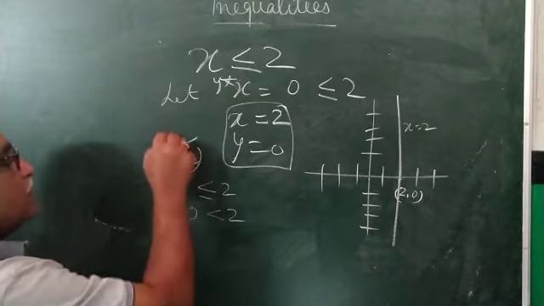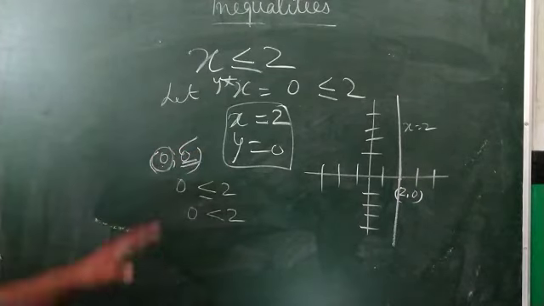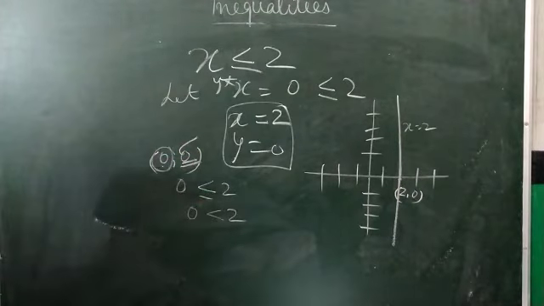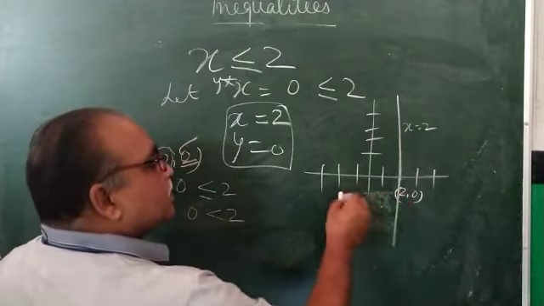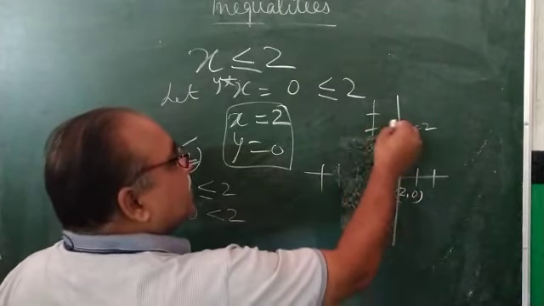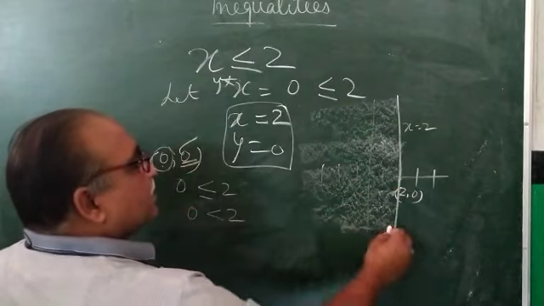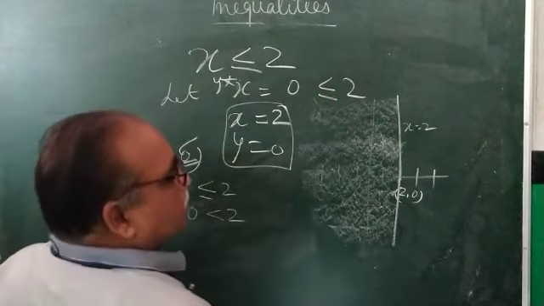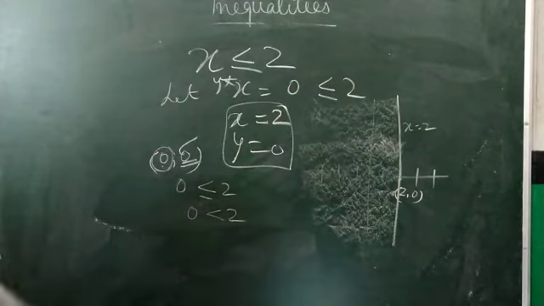We have x, so put the value of x here, so (0, 0), or you can say the origin, satisfies here. This way all the left side area, where the origin is, satisfies this inequality. Got it? So this is the solution.